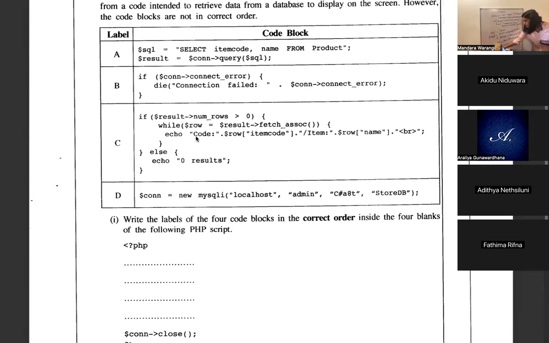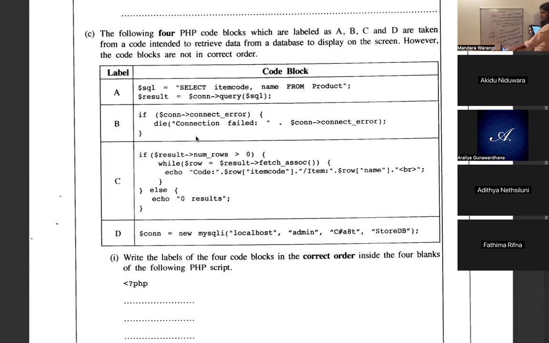They have given the SQL query to select the item code and the name from the product table, right? Then they have to echo it or print it on the screen like code, then the item code, and the item name, right? So that is the structure.